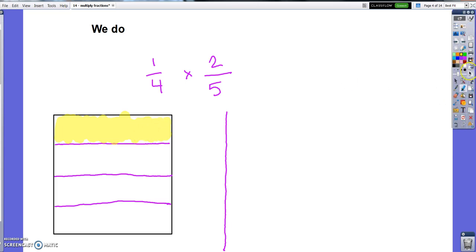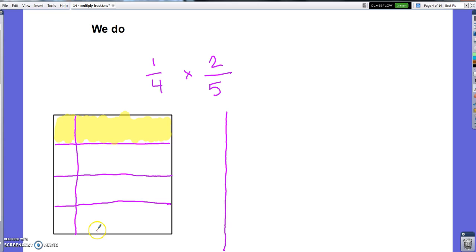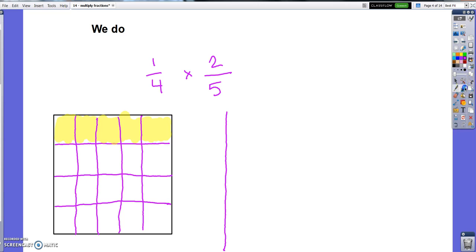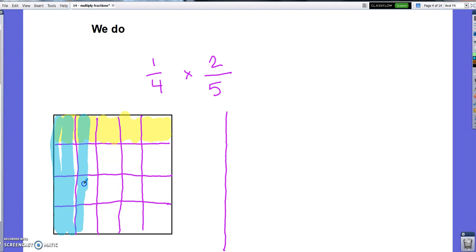You can do the bottom one, you can do the middle one. And then the other direction, I'm going to do 2/5. So I'm going to cut it into fifths. 1, 2, 3, 4, 5. And I like to pick another highlighter color, just because I think it's nice to see it. So I'm going to highlight 2/5, the other color.